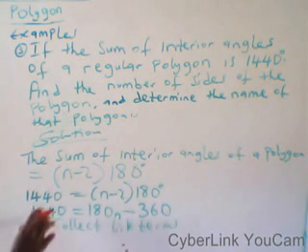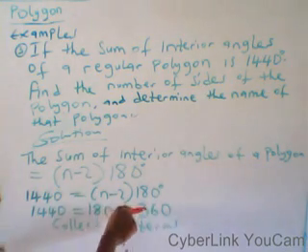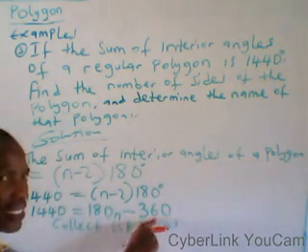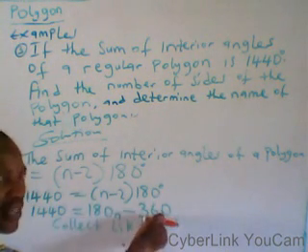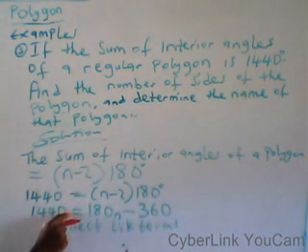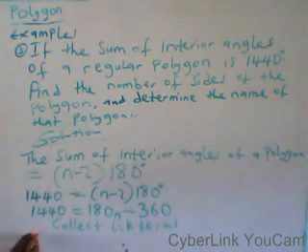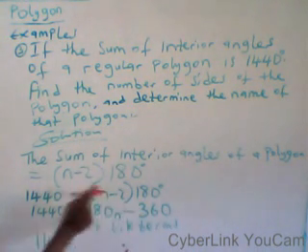In that case, this is 1440 here. We are going to carry minus 360, which does not have anything. This one has n, this one does not have n. We carry minus 360 to this side to come and meet 1440. It will now be 1440. This is minus here.